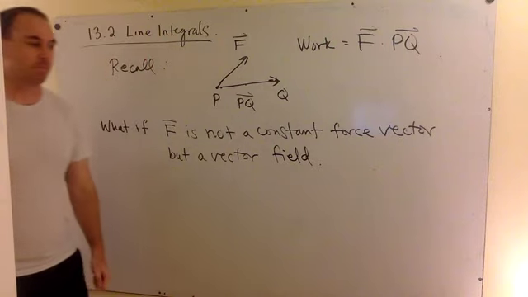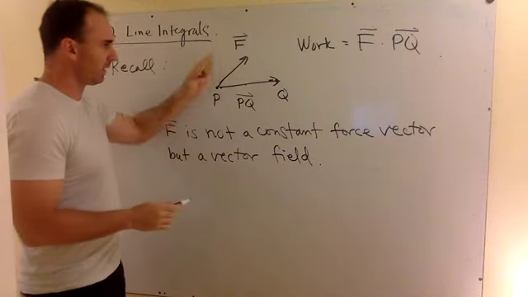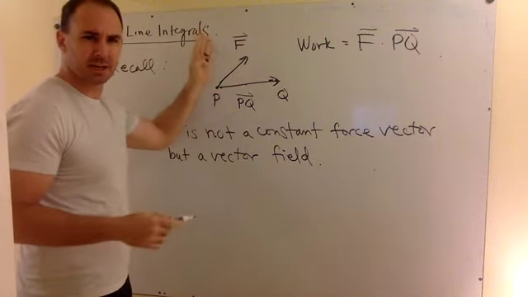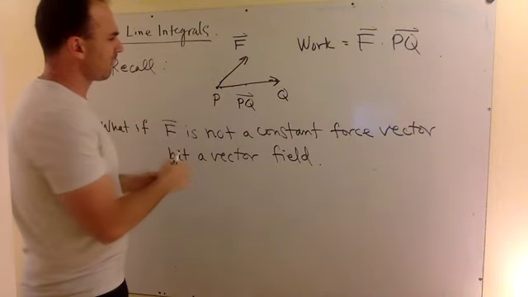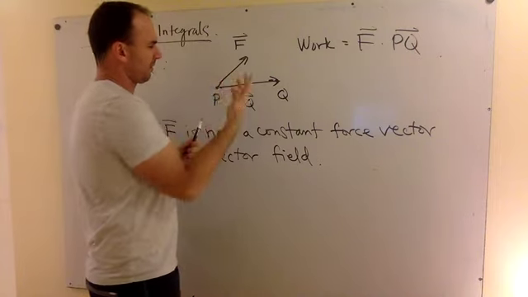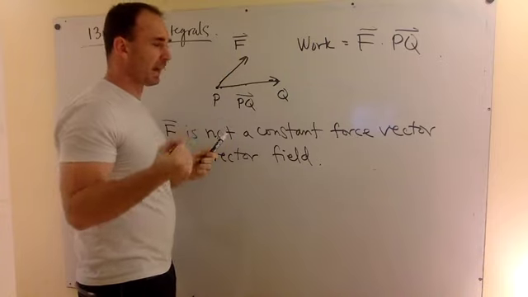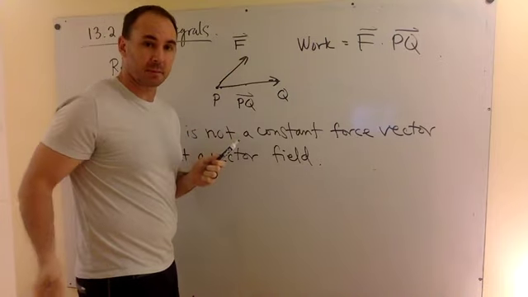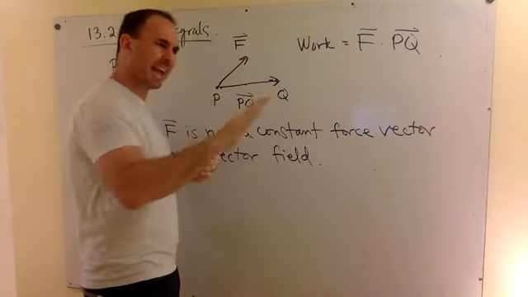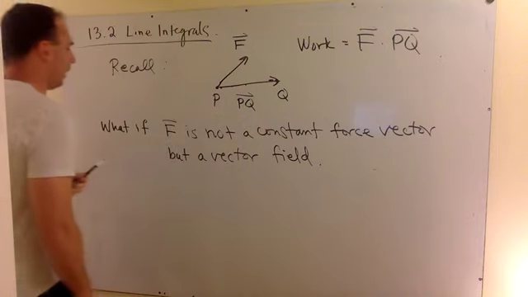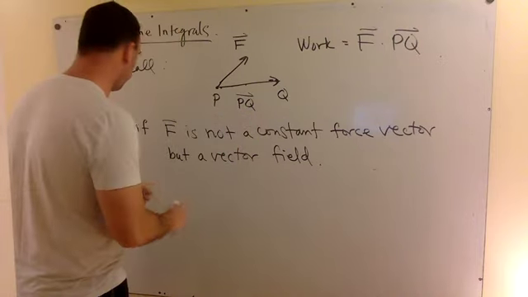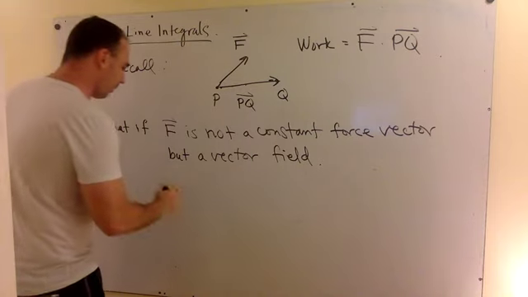Here you're assuming F is constant. A good example of this is the gravity example, but maybe dragging a wagon, if you think about that, you're putting a force on at an angle. All right, so fine, what happens now?